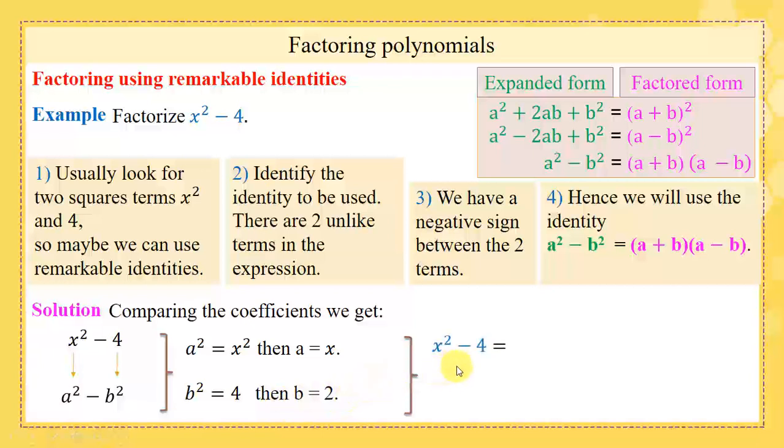Now we get x squared minus 4 equals x squared minus 2 squared, where a is x and b is 2. As the remarkable identity says that a squared minus b squared equals a plus b times a minus b, the answer will be x minus 2 times x plus 2.